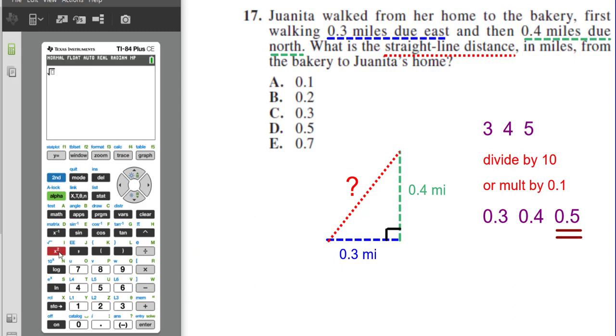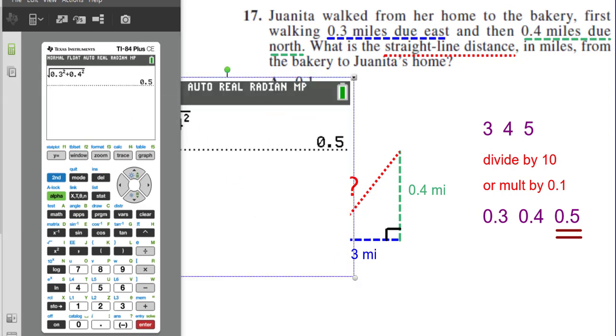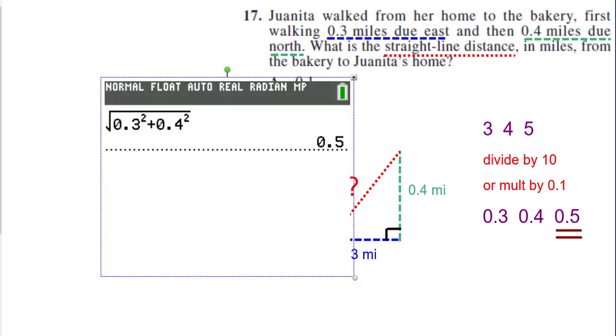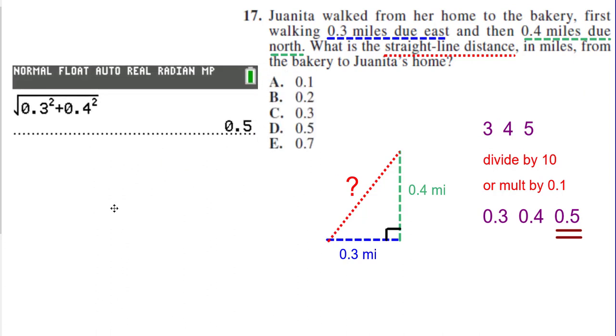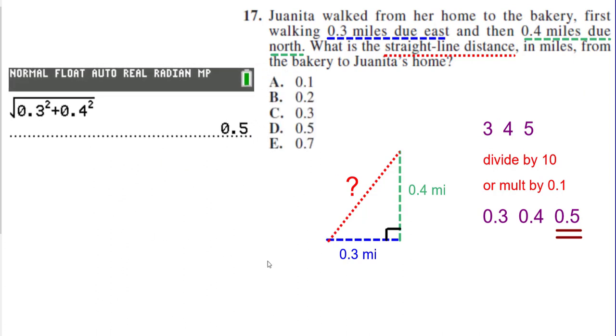So the square root of 0.3 squared plus 0.4 squared is, not much of a surprise, 0.5. By the way, we definitely prefer that our students recognize and know Pythagorean triples. It makes life much easier on these exams.